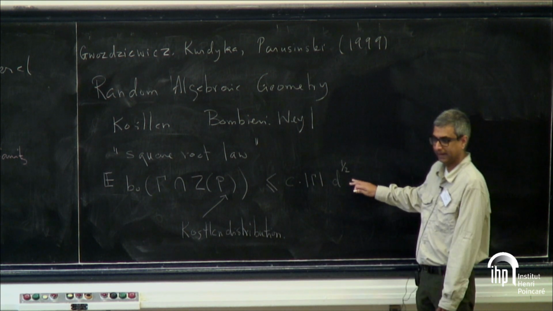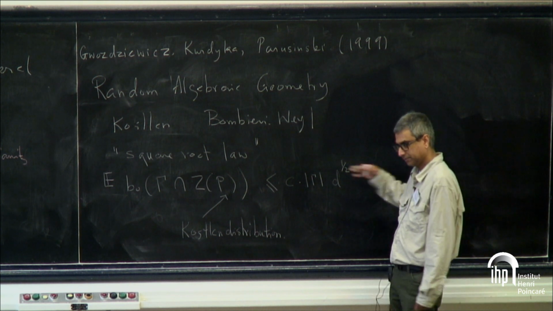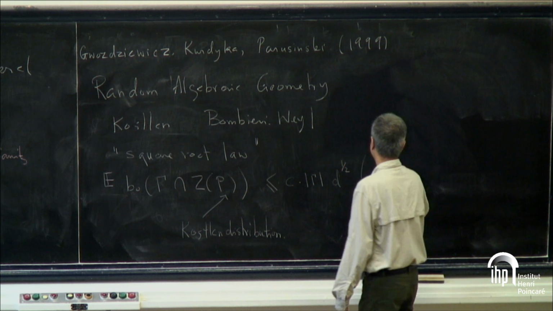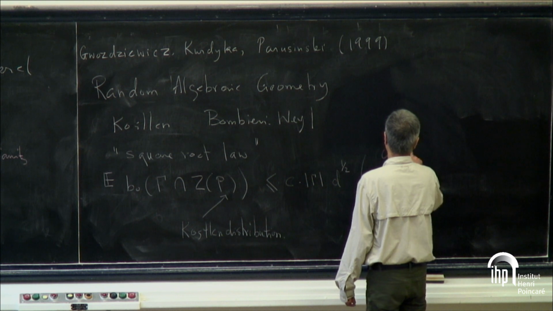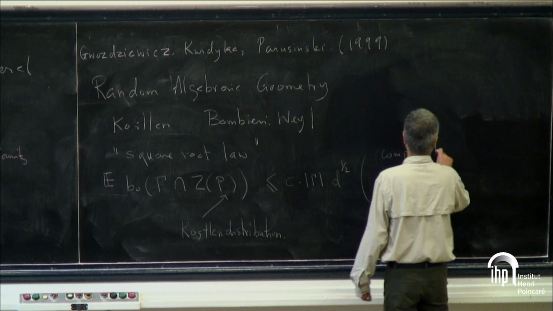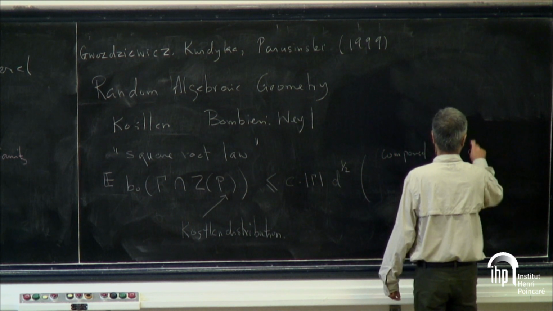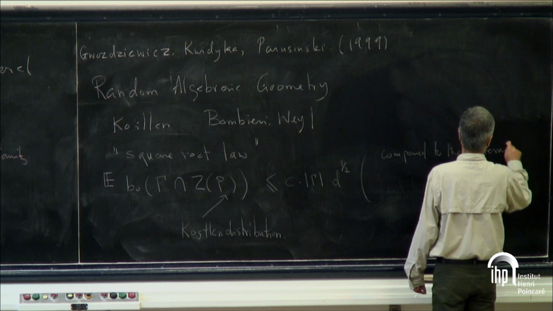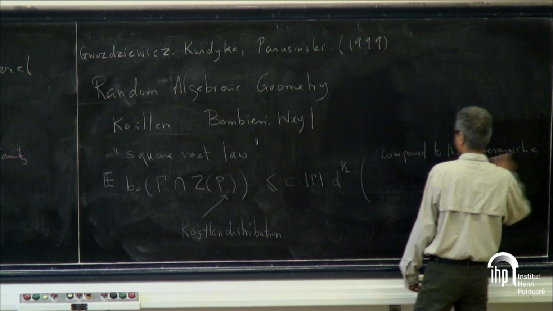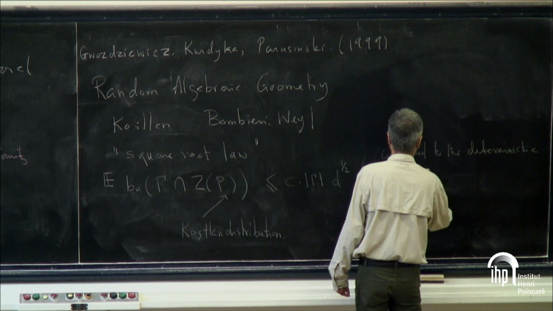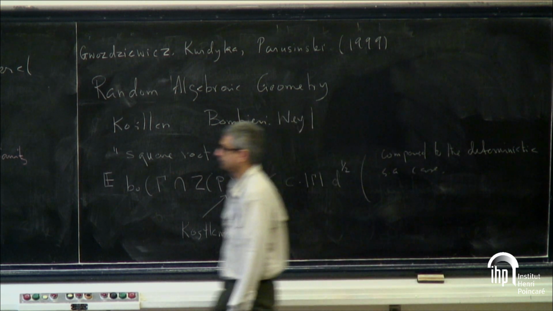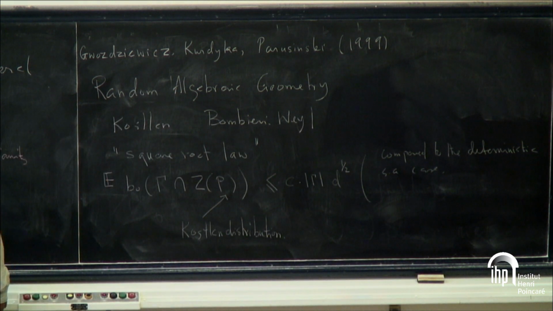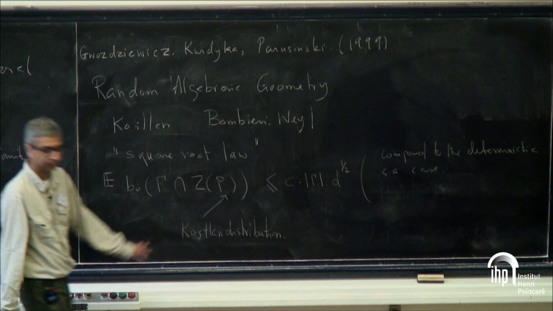So this is even better than the deterministic bound in the semi-algebraic case, which would be C times d, square root law.